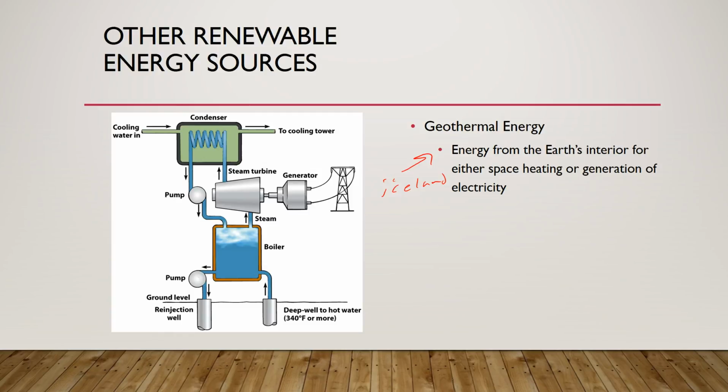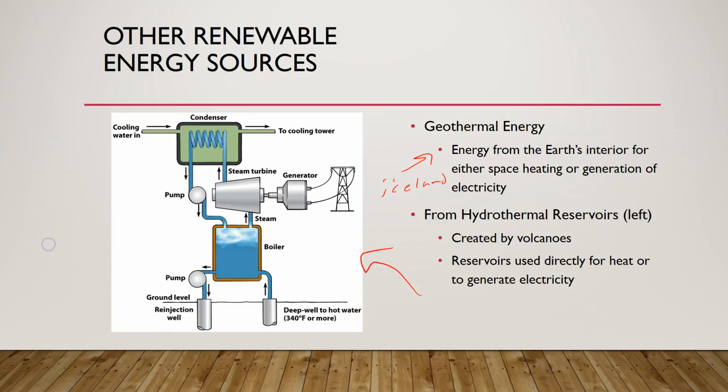In some cases, that means producing electricity, as shown in this diagram to the left here, where they're taking the hot water to produce steam. Steam spins a turbine, so we have the steam turbine idea, but using heat from the interior of the Earth as opposed to combustion and so on. Or we could just use that heat to heat buildings and heat spaces. Either way is considered geothermal energy.